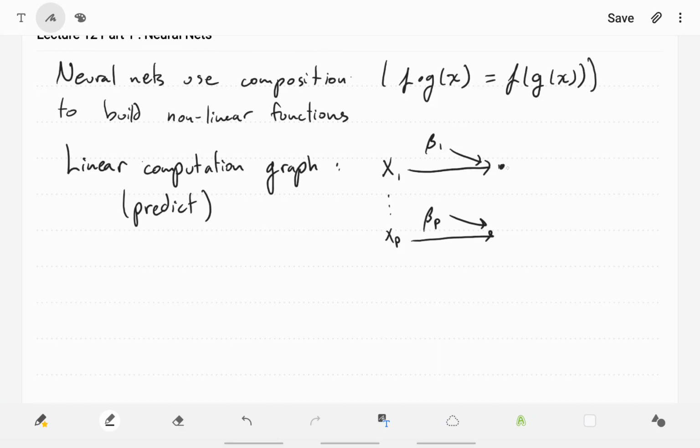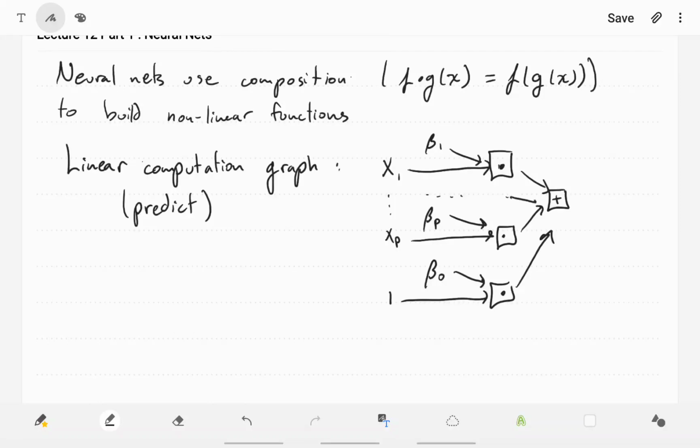We'll do just multiplication with a dot. These get multiplied together, and then all of these get combined into an addition step. Then beta naught also comes in, so we'll just draw a 1 here, and we can think of the 1 as an additional input. These get multiplied, and then this also gets added together.